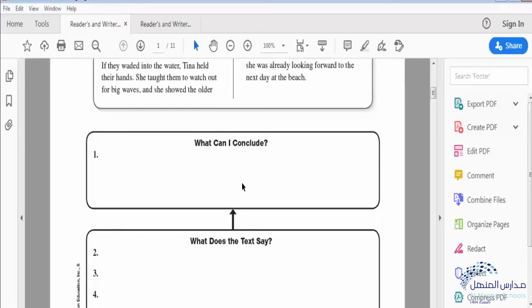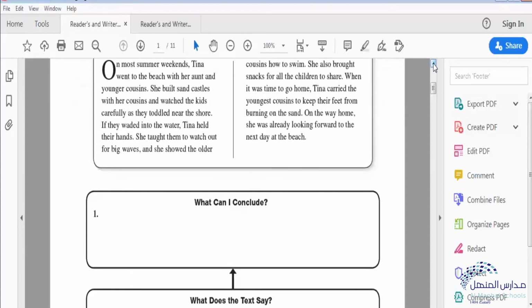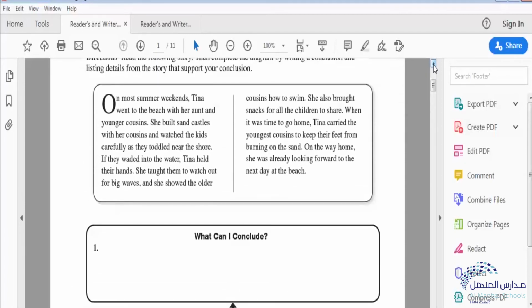Before we come to the conclusion, I want us to look at what the text says. Let's go back to the text. The first thing that Tina did was to watch the younger children carefully.